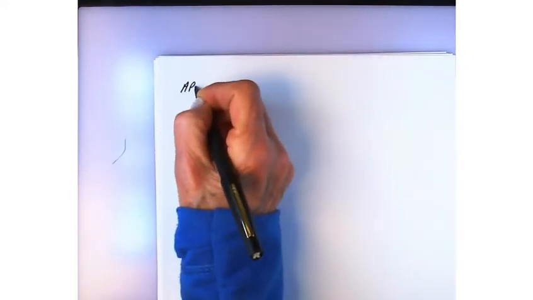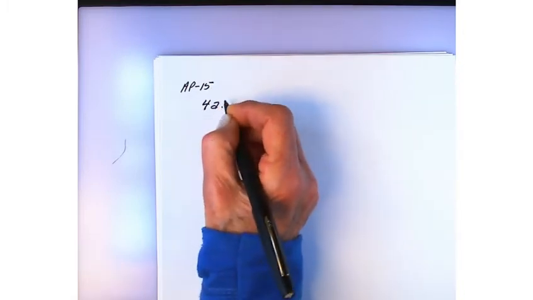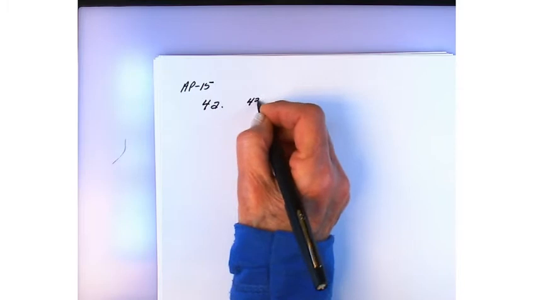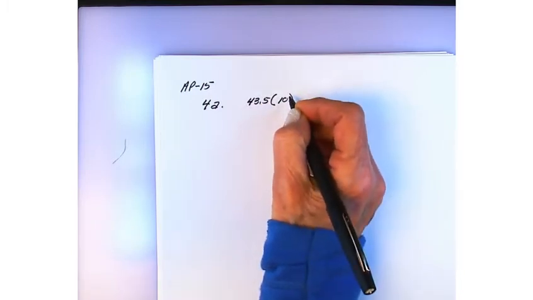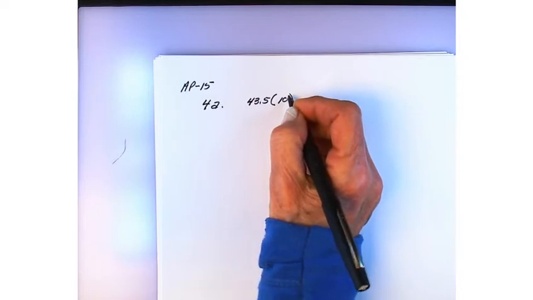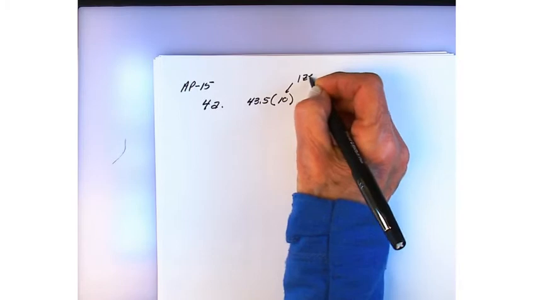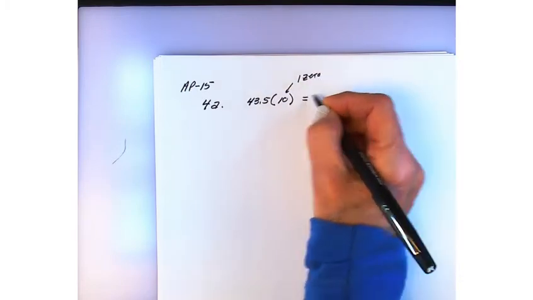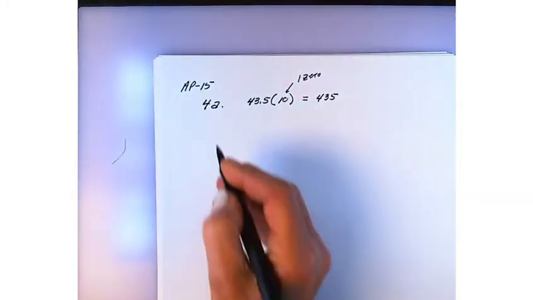Look at page AP15. We're looking at 4A. The author wants you to get a feel for moving your decimal, multiplying by 10, dividing by 10. So we have 43.5 times 10. I'm going to move it 1 place to the right, and I have 435.